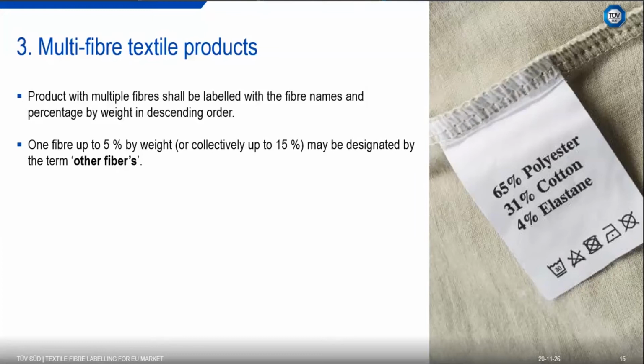So elastin is normally disclosed with its fiber name. However, any fiber which is present in less than 5% can also be represented as other fibers. If more than one fiber is there, and individually each is present at less than 5%, then collectively up to 15% can still be given as other fibers.